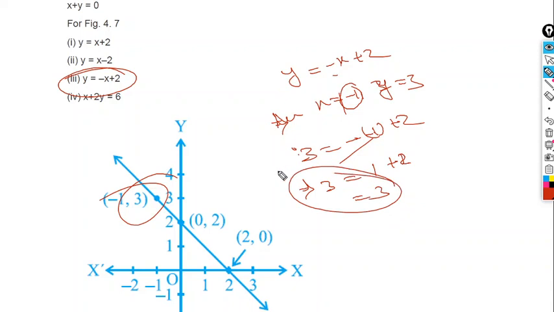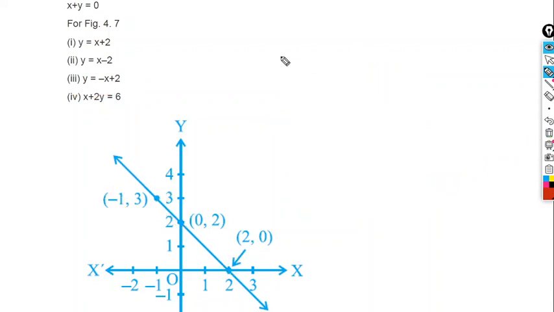So here it is satisfying, but we are checking whether all of these points are satisfying or not. So after one point is satisfied, you continue. Again we have to see this equation, y equal to minus x plus 2.